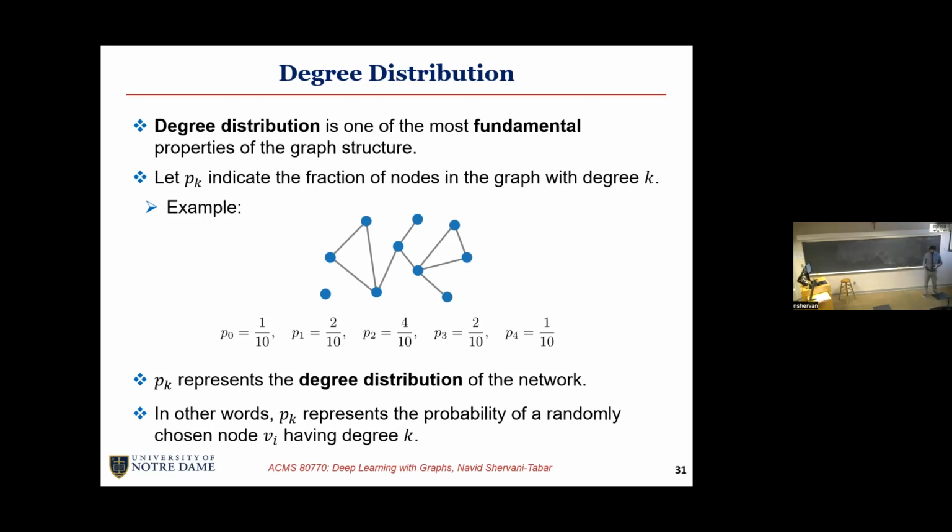What that means is that pk represents the probability of a randomly chosen node vi in that graph having a degree k. So if P2 is equal to 4/10, it means that if I randomly choose a node in this graph, there's a 40% chance that its degree is equal to 2.